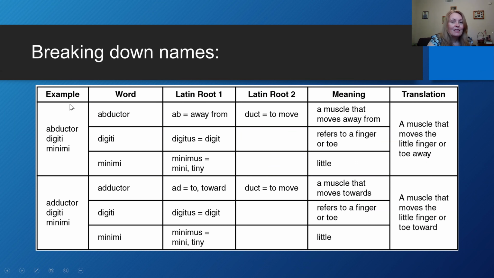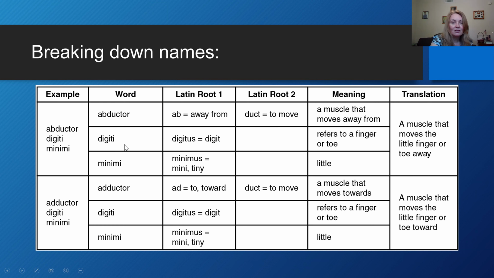So we take some Latin roots, like ab means away from, like abductor. When a child is abducted, that means somebody took it away, right? So ab means away and duct means to move. So you move away, abduction.